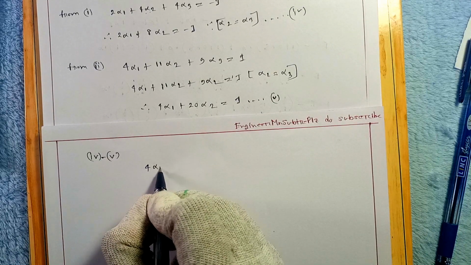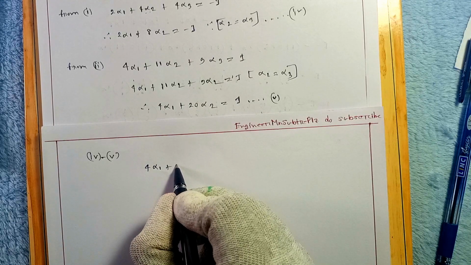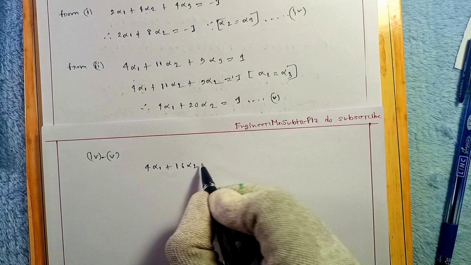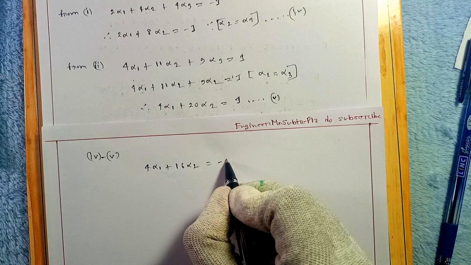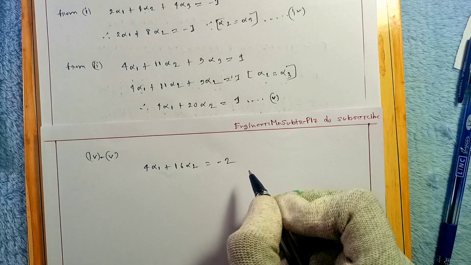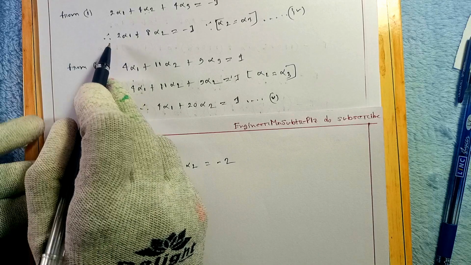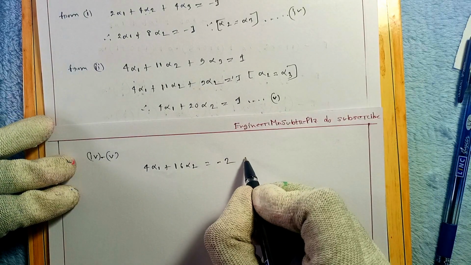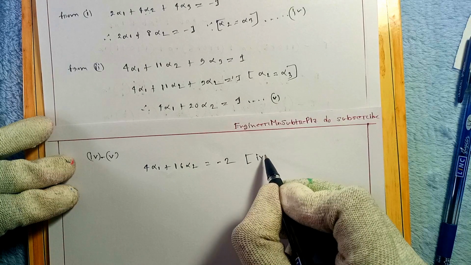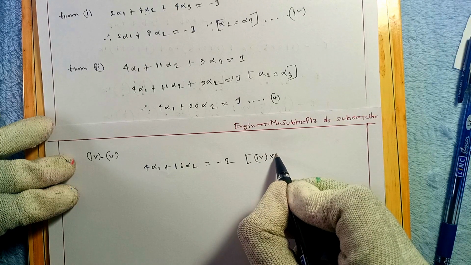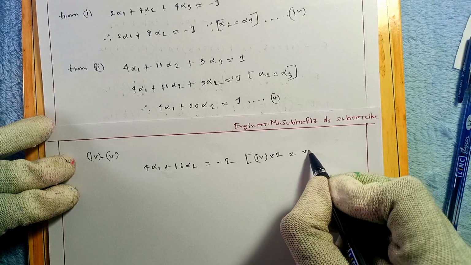So 4 alpha 1 plus 16 alpha 2 equal to minus 2. From equation number 4 we multiply by 2, so we get a new equation, suppose it is 6.